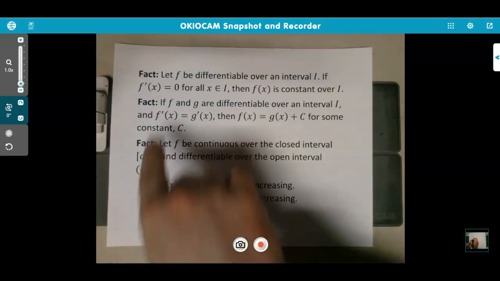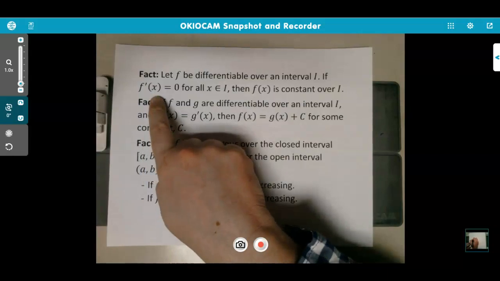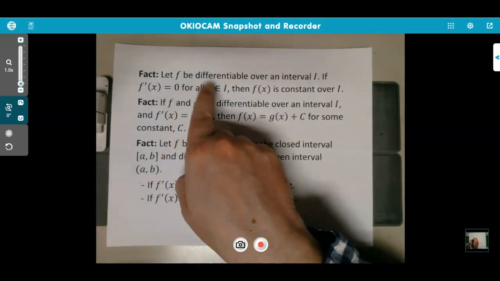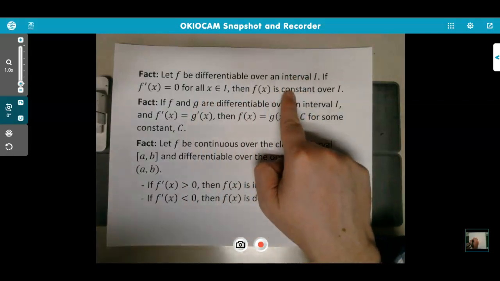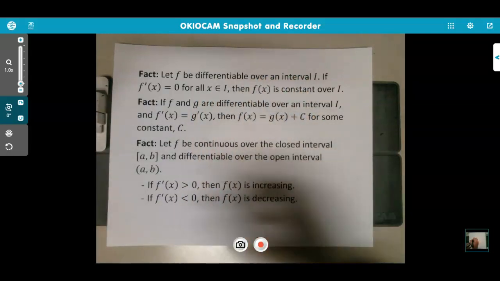Okay, so what this means is if the derivative is equal to 0 for every value of x, then it must be a constant. Let's think about that, okay? If the derivative is equal to 0, that means at that point I have a flat line, right? Well, if I have a flat line for everything, this means my graph is just going to look like this. It's just a flat line forever and ever and ever. Well, that happens when it's a constant. So that makes sense there.